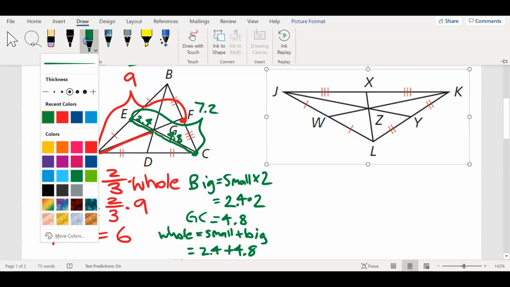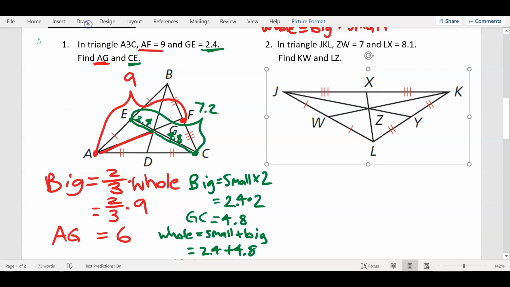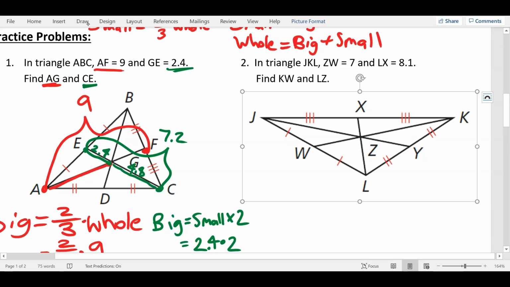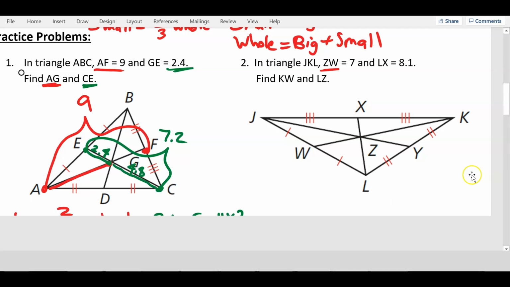On the next one, let's go back to red. Okay, let's label what we know. So it says ZW is 7.